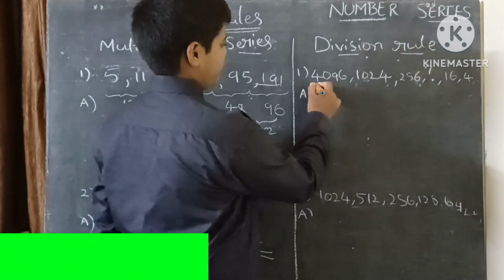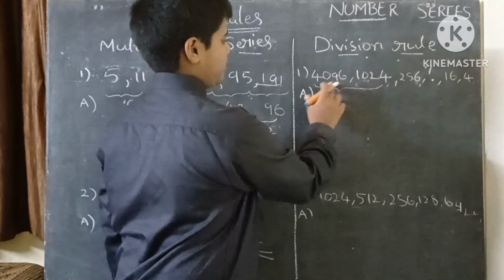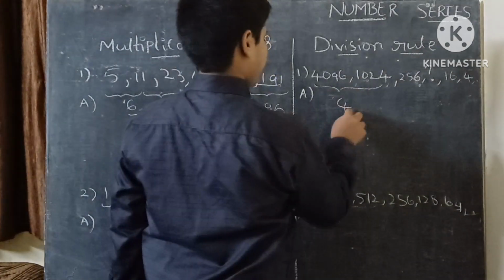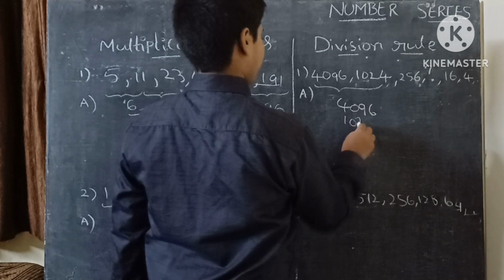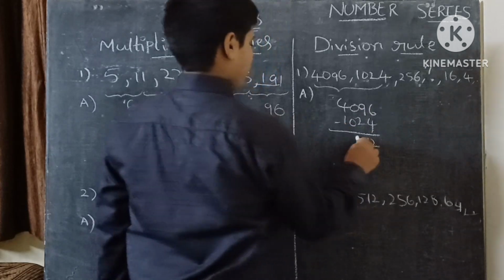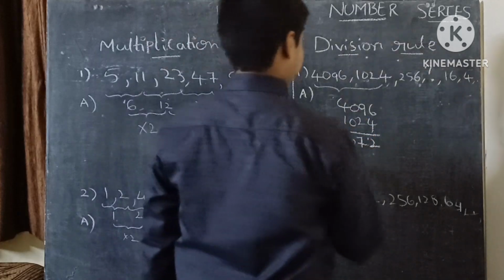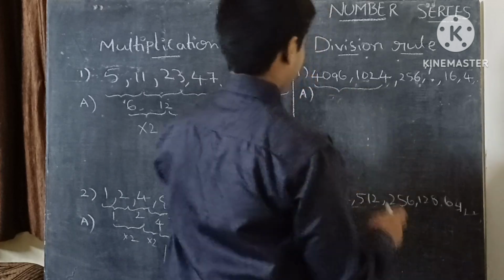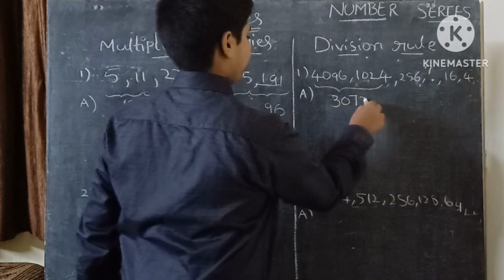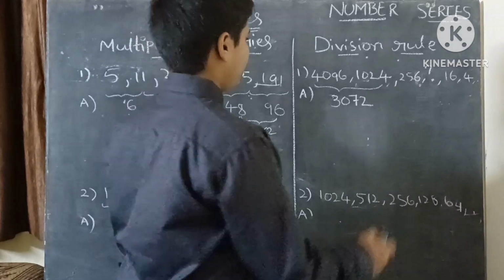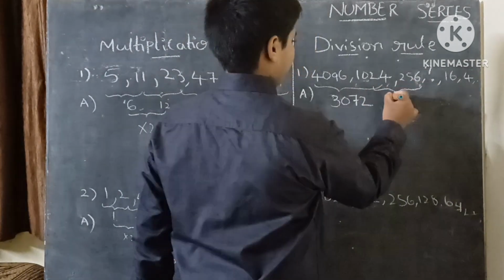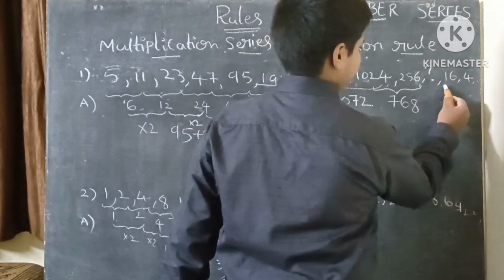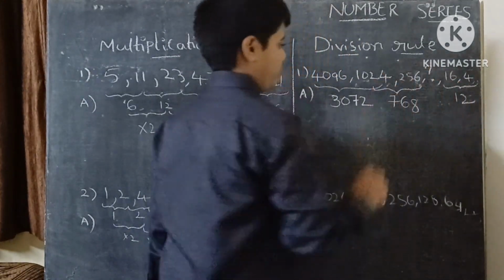The difference between 4096 and 1024 is 3072. Then the difference between the next two numbers is 768, and between 16 and 4 it is 12.